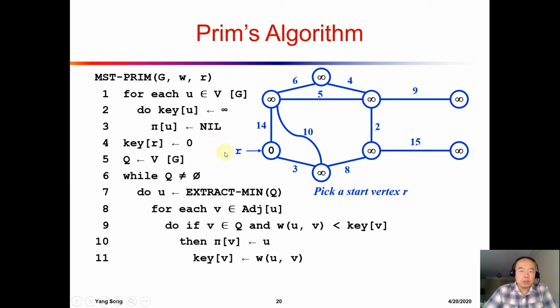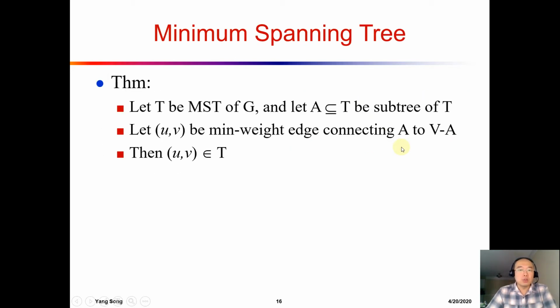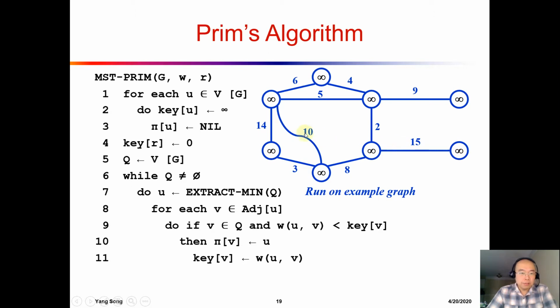We want to start from this node, and we call it R. The very first step, if you see the first three lines of code: for each node, we specify the key to be infinity, and then we set the pi to be nil.